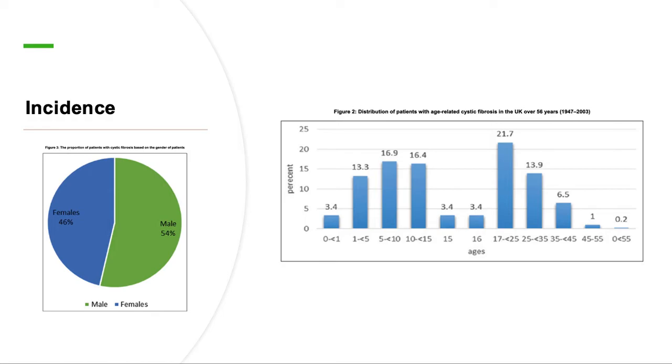The estimated cystic fibrosis population in the beginning of 2000s was 8,284 people. As shown in the previous studies, most of the reported cystic fibrosis patients are children, and the frequency of infection in males is 6 to 8% higher than in female subjects, and we can see that on the diagrams on this slide.